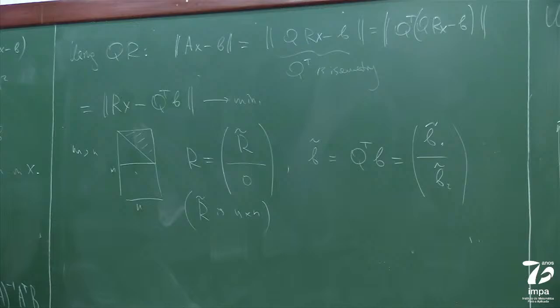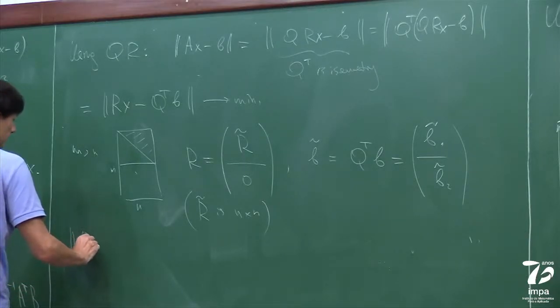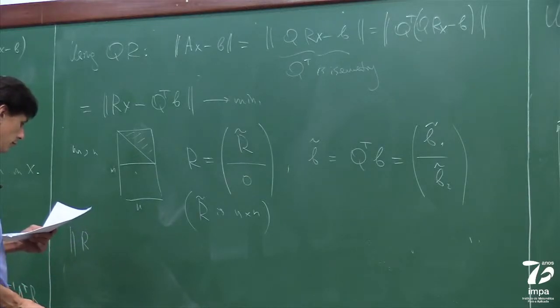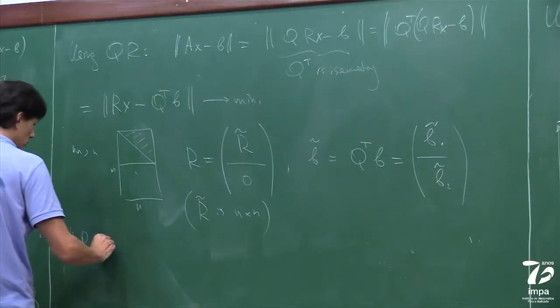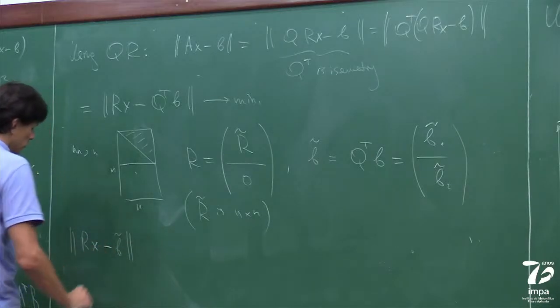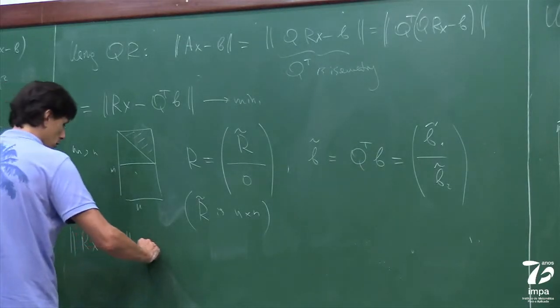And then this norm. And the same for x, right? Do we need it for x? No, x we don't need. So what we get from this norm is two vectors.